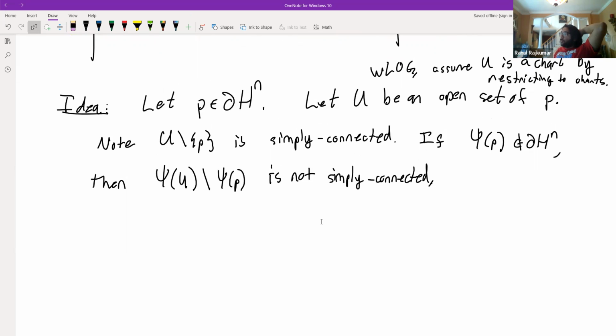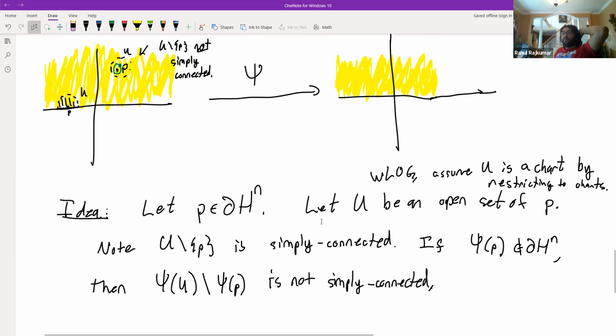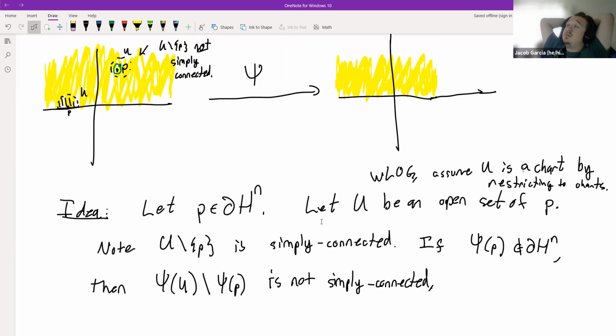Can you also do this problem with invariance of domain by including the half space into the full space, and then noting that if you are on the boundary and you get sent into the interior somehow, you'll have a problem once you lift it to the full space?